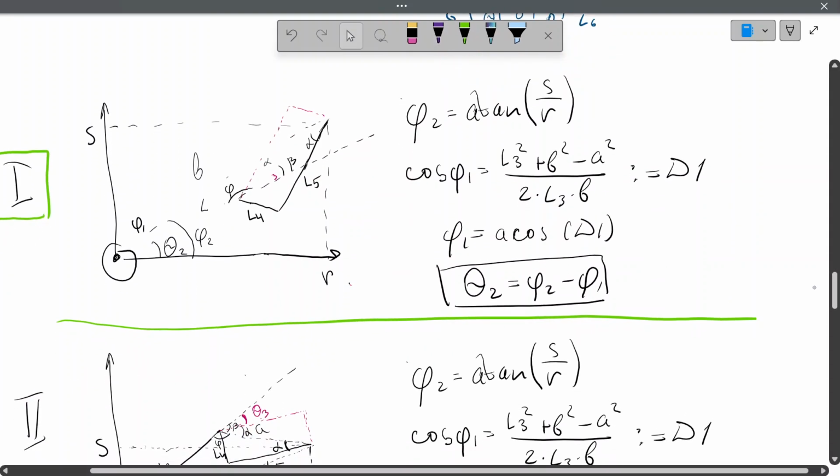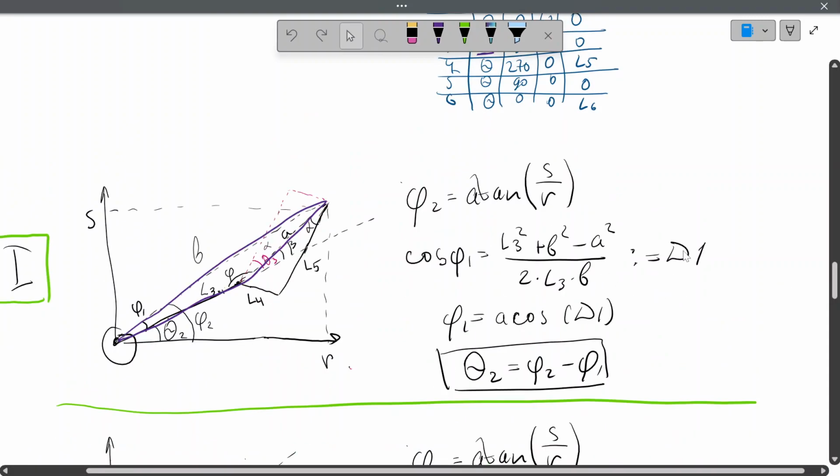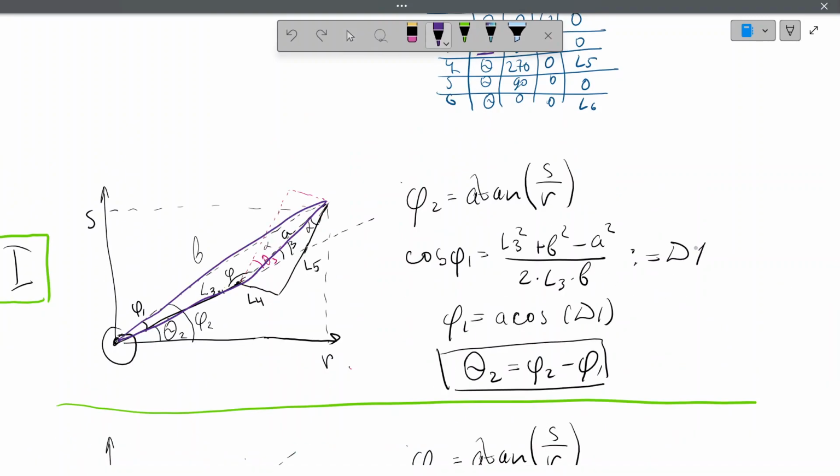To find phi 1 we need to take these sides: L3 square plus b square, minus the opposite side a square, over 2 multiplied by L3 multiplied by b. So it will be d1.